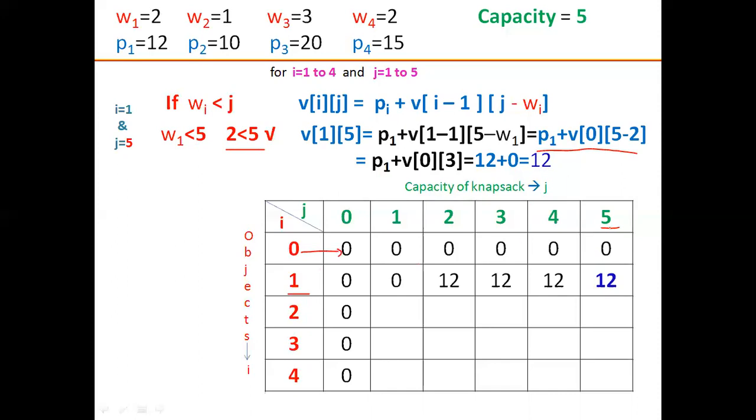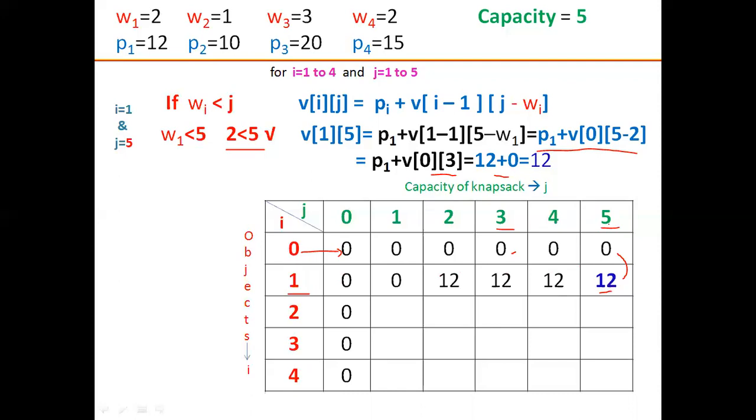Then what is the column number? 5 minus 2 is 3. So 0th row, third column, which is 0. So 12 plus 0 is 12. Compare this with the previous profit. So the current profit is maximum. So by adding weight 1 into the bag, I got the profit of 12 at capacity 5.